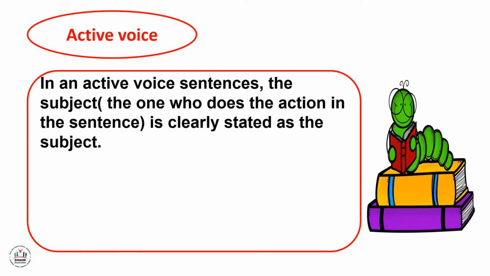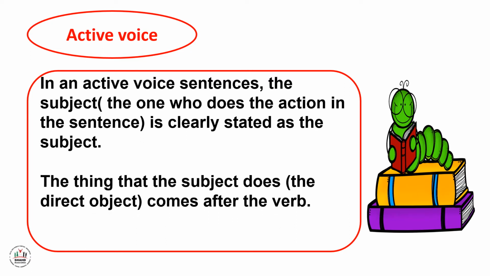In active voice sentences, the subject, the one who does the action in the sentence, is clearly stated as the subject. The thing that the subject does, the direct object, comes after the verb. The teacher teaches the students.